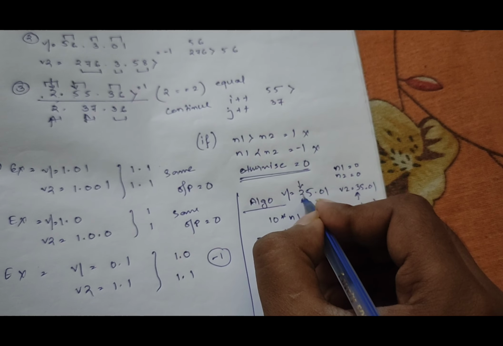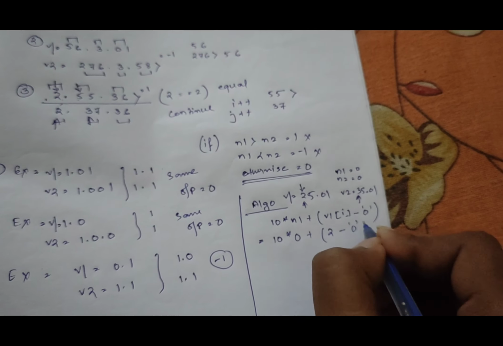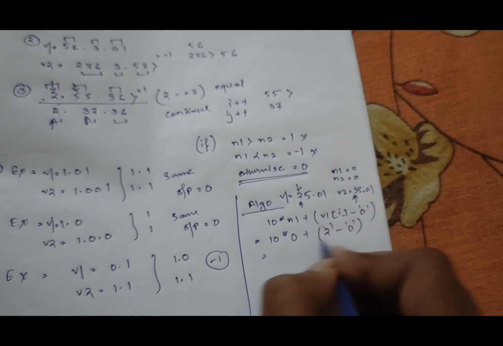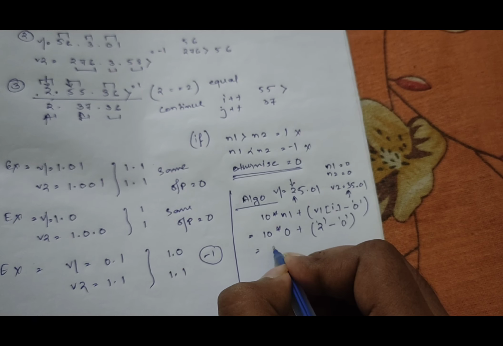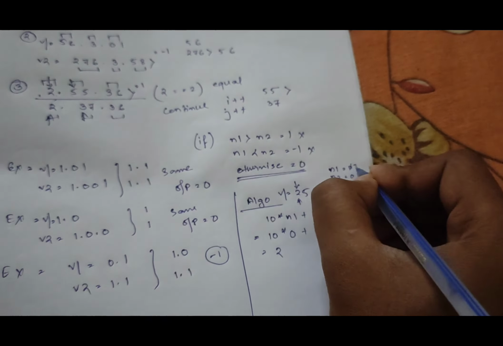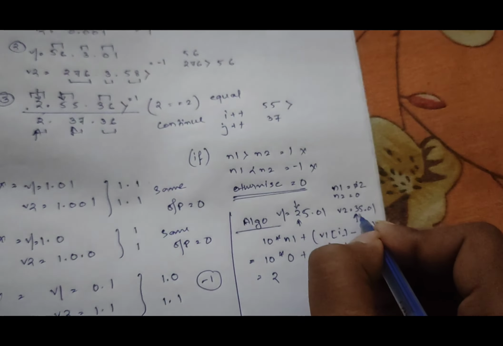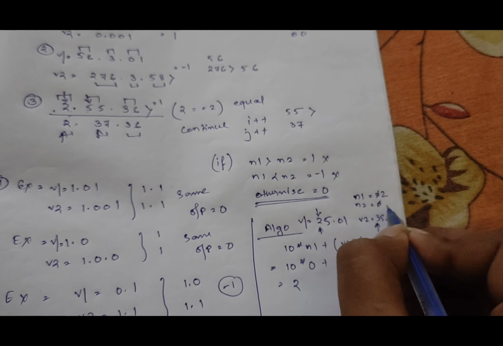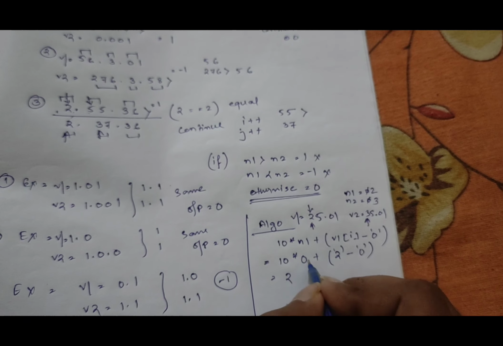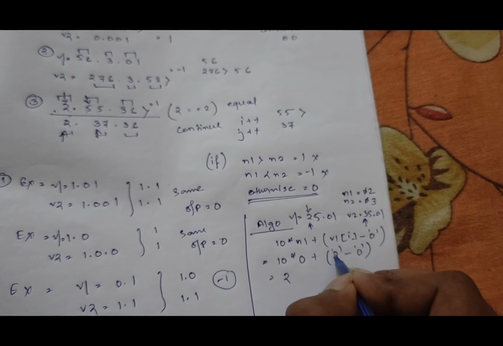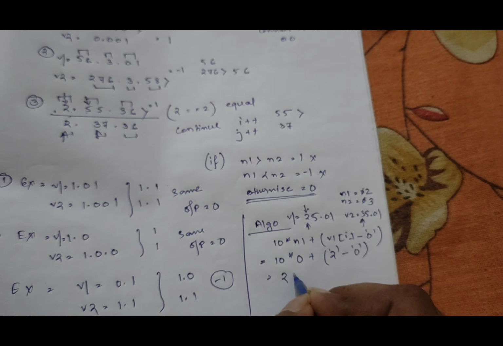I is 2, so 2 minus 0. The output is 2, so now n1 is 2. And n2 is 3: 10 into 0 plus 3 minus 0, so the output is 3.